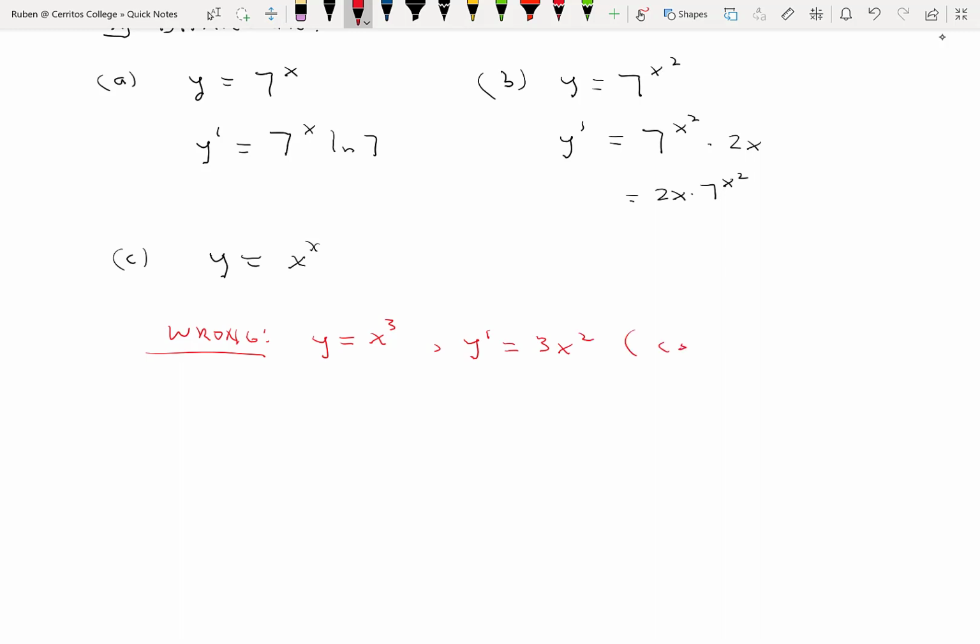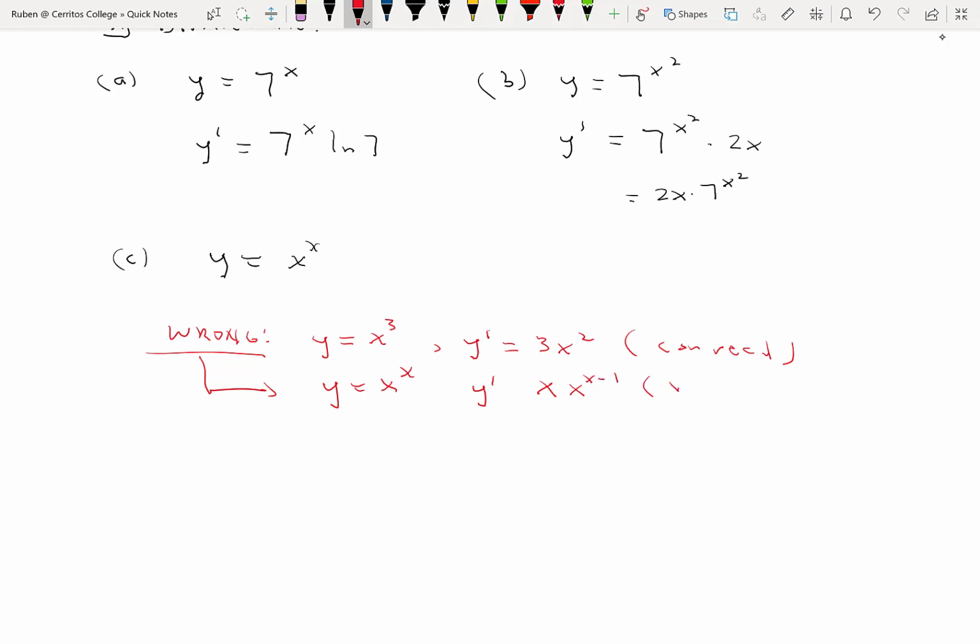That's correct. That's right. So the incorrect thing would be to assume that you can do the same thing if, instead of x cubed, you have x raised to the x. Oops, and then of course I wrote cubed again. X raised to the x power. It would be absolutely incorrect to say bring the power down, decrease the power by 1.